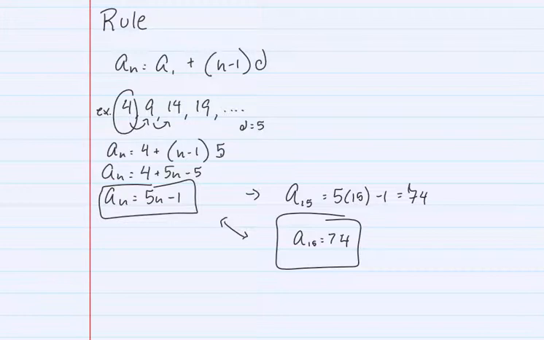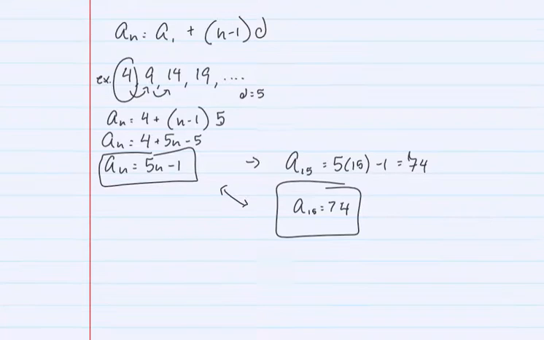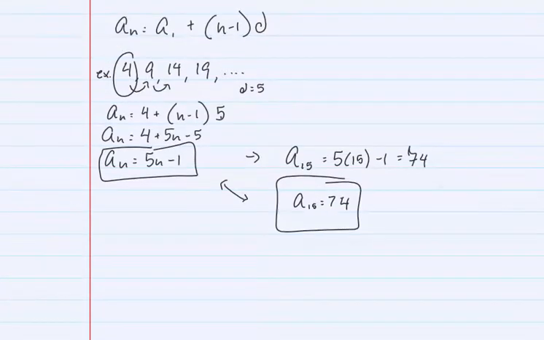We may come across examples where our common difference is negative. So using relatively the same example here, I just want to go ahead and plug in some numbers so that you see the difference in what you should do.